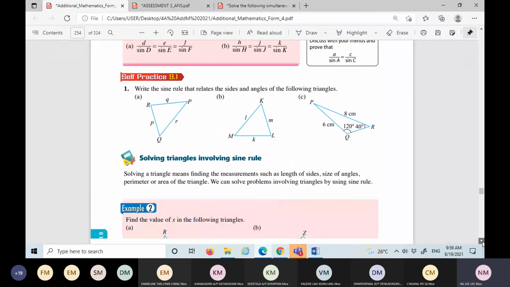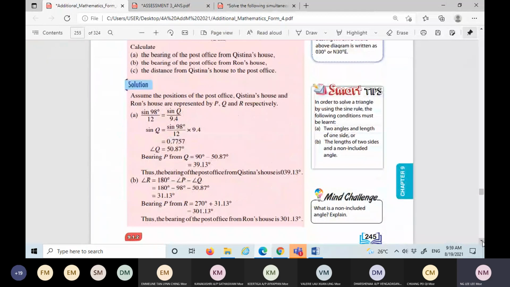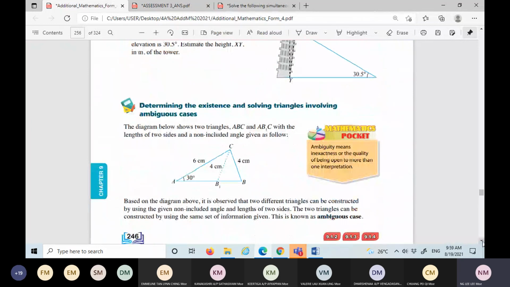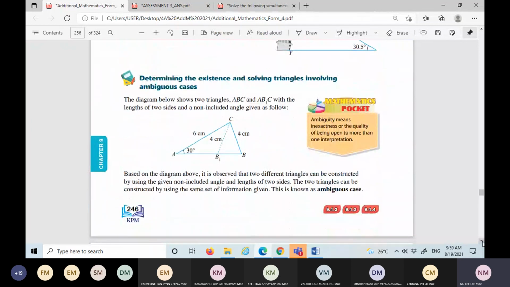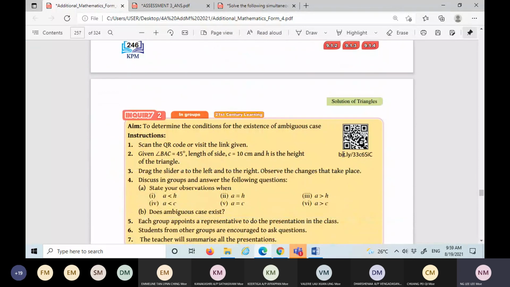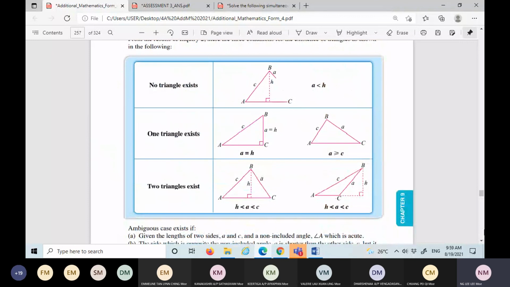But your homework will be this. You will go through this part so that tomorrow when I go through, I can go faster. And also this one, the ambiguous case. Go through this, you can visit this link, and play with this. Then make the conclusions below, and try to see whether it's true or not.